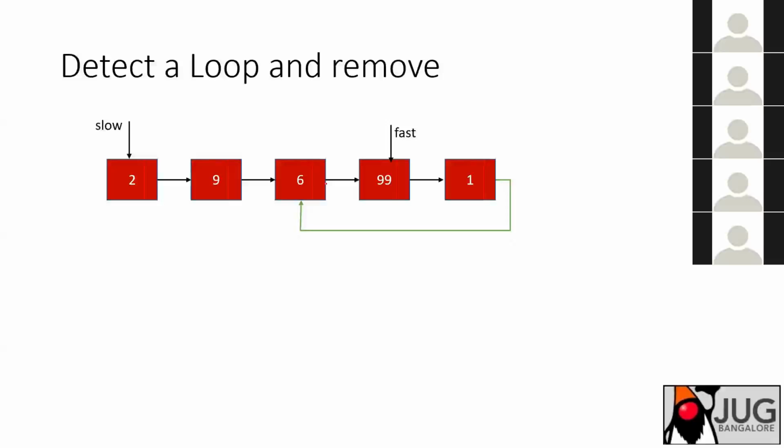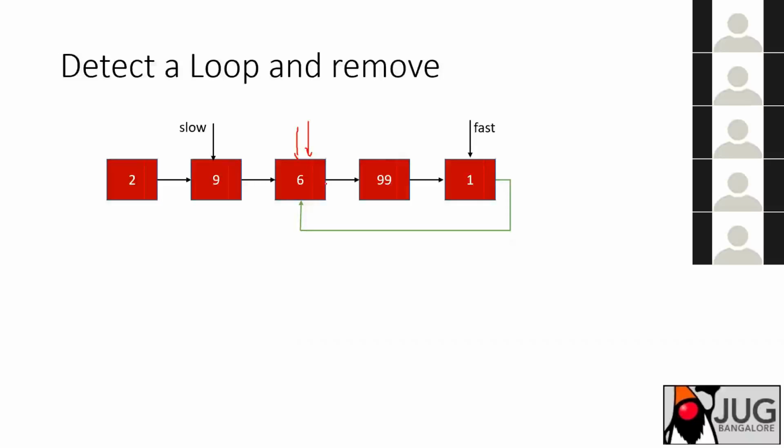Now you move both pointers at a similar speed to identify the first node in the loop. I just moved, and here at 6 they both are meeting. Once you identify that fast.next is the slow pointer itself, it means slow has reached the place where fast.next is going to move.